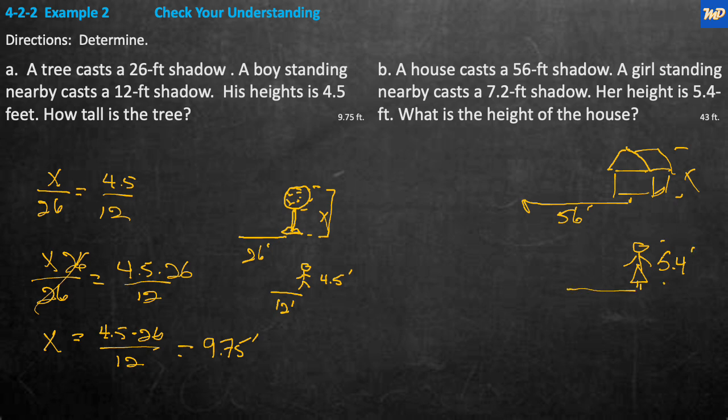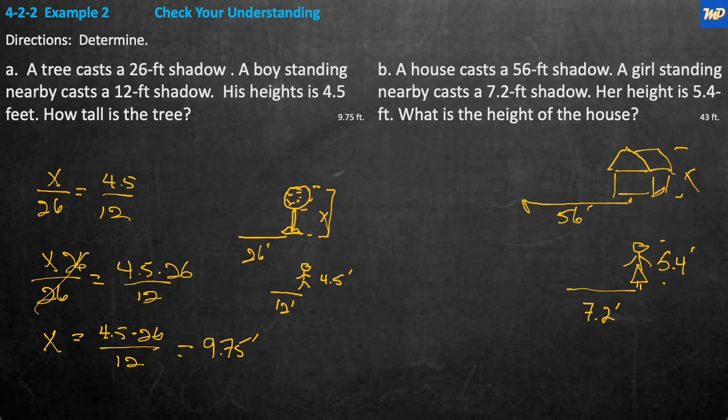And her shadow is 7.2 feet. 7.2 feet. That's her shadow. I drew inches there, excuse me. I'll draw that again. Getting a little wild with my pencil. I always have trouble with it anyways. As if you've been with me for a while, you know that already. 7.2 feet.